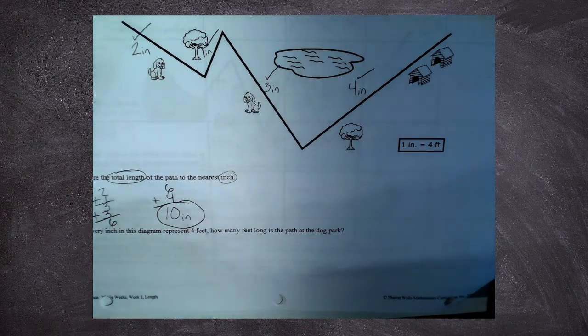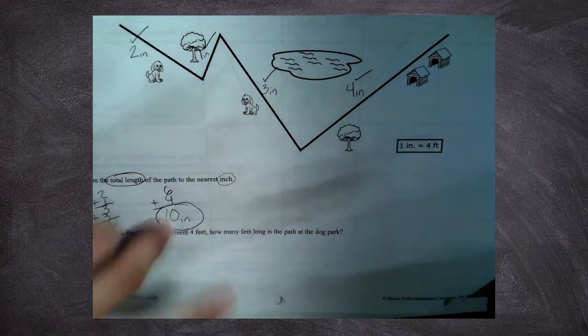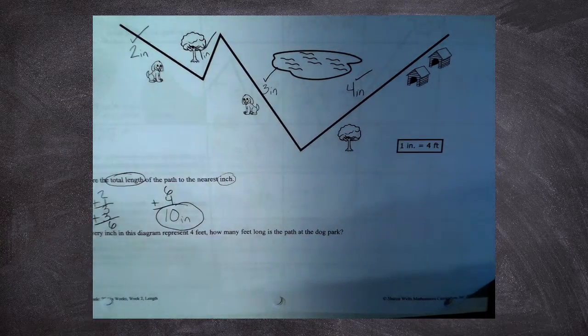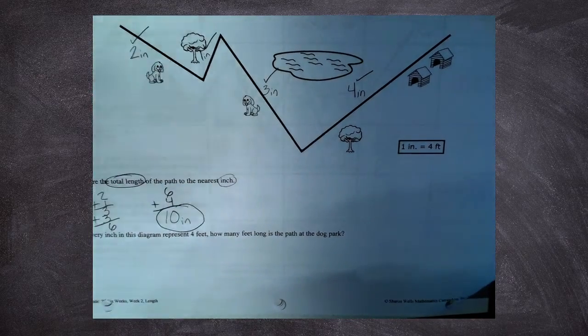So what could I do to change it from inches to feet? If this was in real life and they want to know how long it is in real life, what would I do?